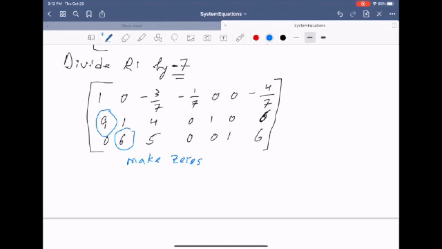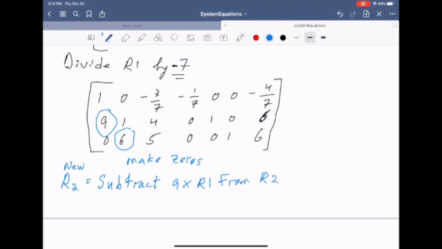The first step is to subtract: the new row 2 is equal to row 2 minus 9 times the new row 1.